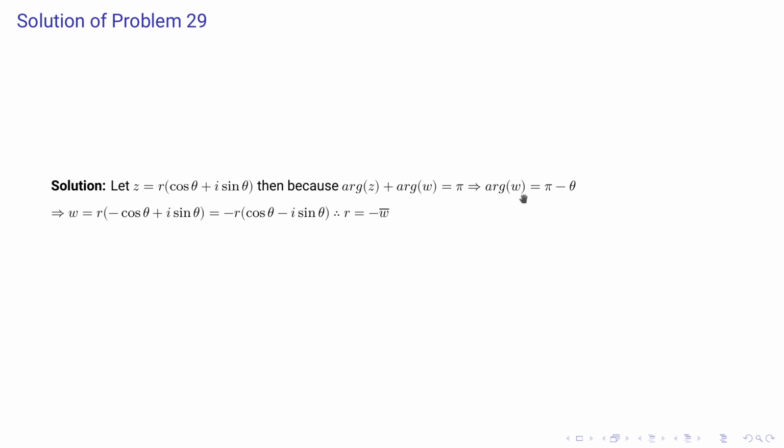So we can write w as r into cos of pi minus theta plus i sin of pi minus theta. Cos of pi minus theta is minus cos theta and sin of pi minus theta is sin theta. So we take the minus outside, we get cos theta minus i sin theta. This is equal to r cos theta minus i sin theta, which is w bar. So thus we see that z is equal to minus w bar. This should be z, not r.